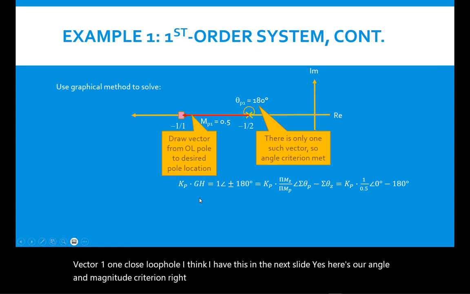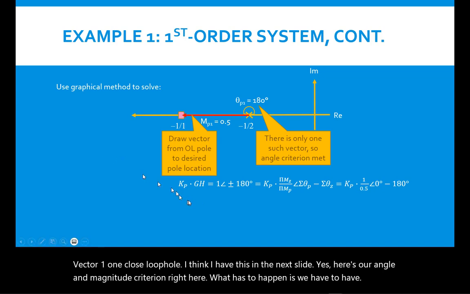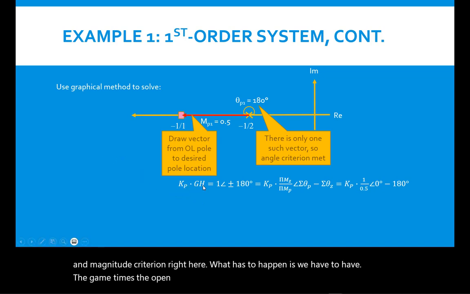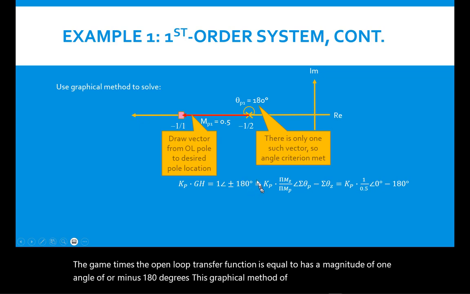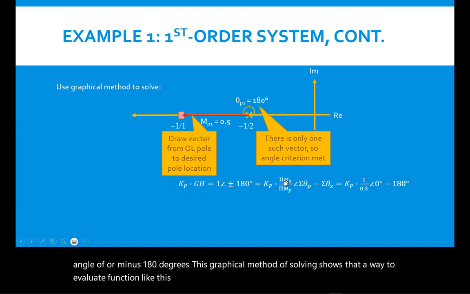What has to happen is the gain times the open loop transfer function has a magnitude of 1 and an angle of plus or minus 180 degrees. This graphical method is a way to evaluate a function that has zeros in the numerator and poles in the denominator.